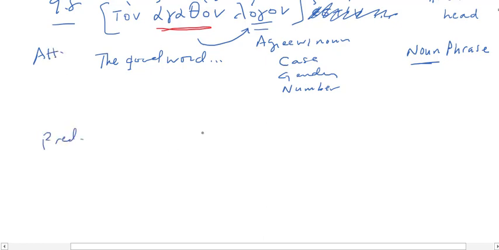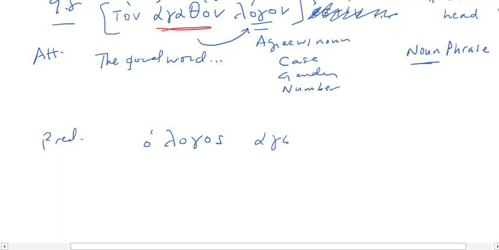What about predicate uses? Remember, we have a copula, some verb of being that is explicit or understood or implied. And remember, predicate adjectives are telling us what some noun, some subject noun, is. So, as an example, I could do something like this.